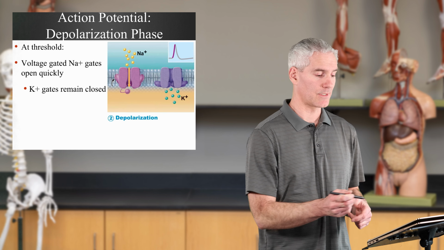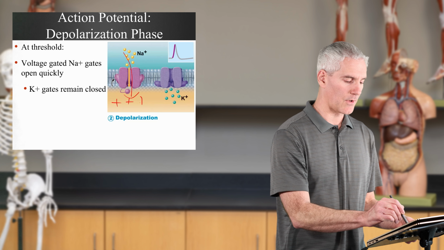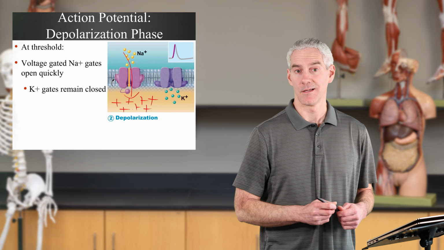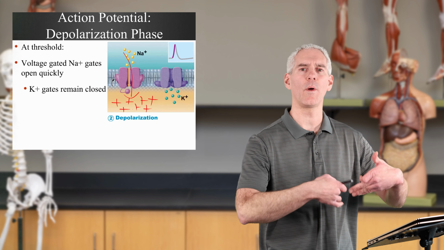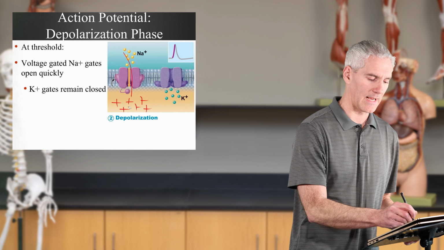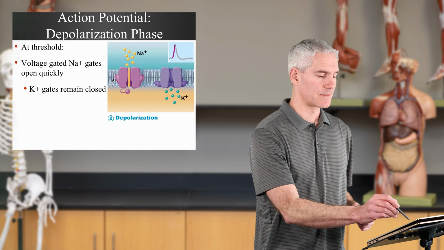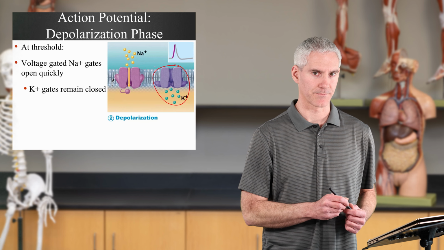What we're looking at here is all this sodium rushing in. You end up with all these positive ions now inside the cell. The inside of the cell isn't even negative anymore. It's become less negative, all the way up to quite often a positive 30. But notice, potassium is still closed.